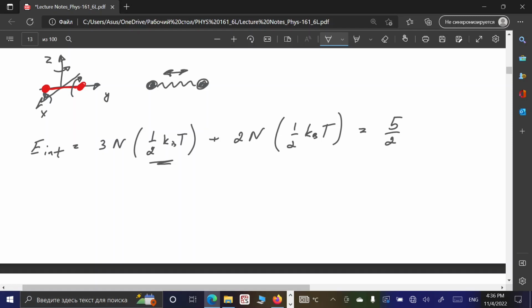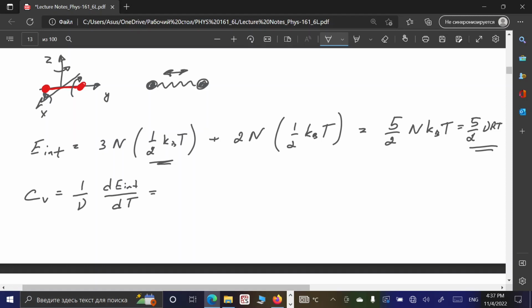5/2 N kBT, or it will be 5/2 nu RT. So now we have kinetic internal energy defined by this equation. So when we derive the value for Cv, which is the specific molar heat capacitance of an ideal gas at constant volume, it will be equal to 1 over nu times dE internal over dT by definition.